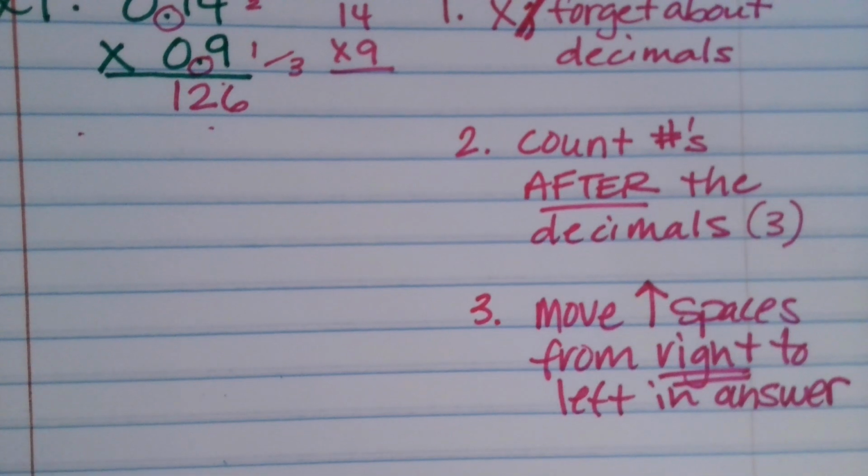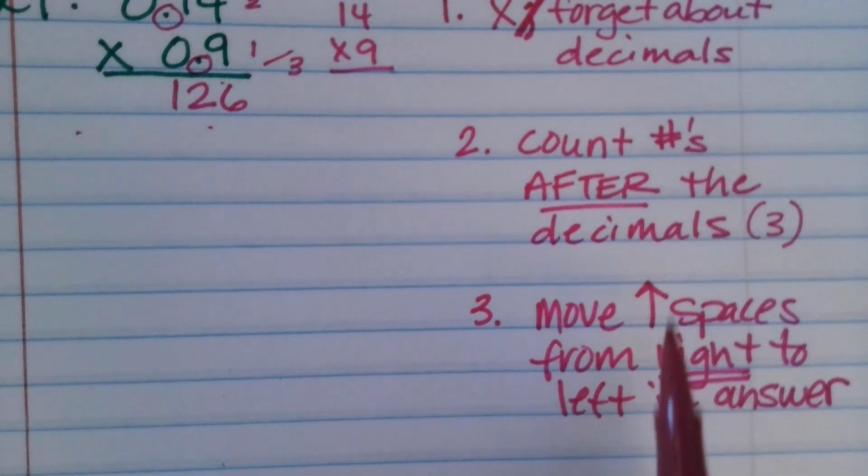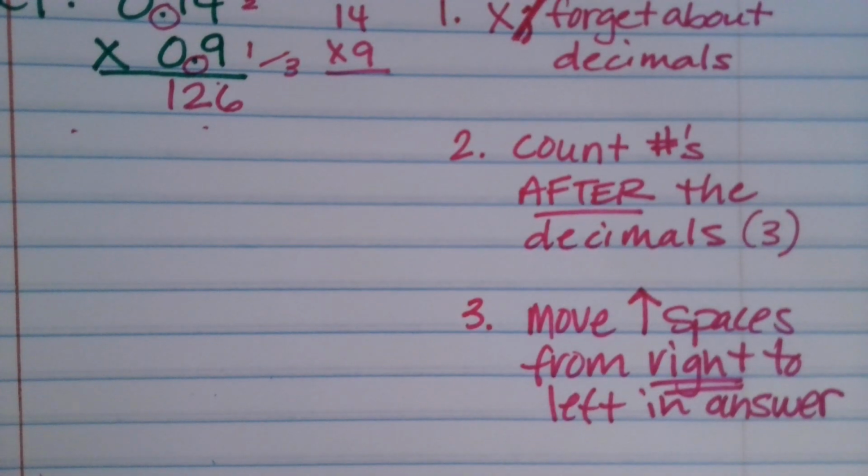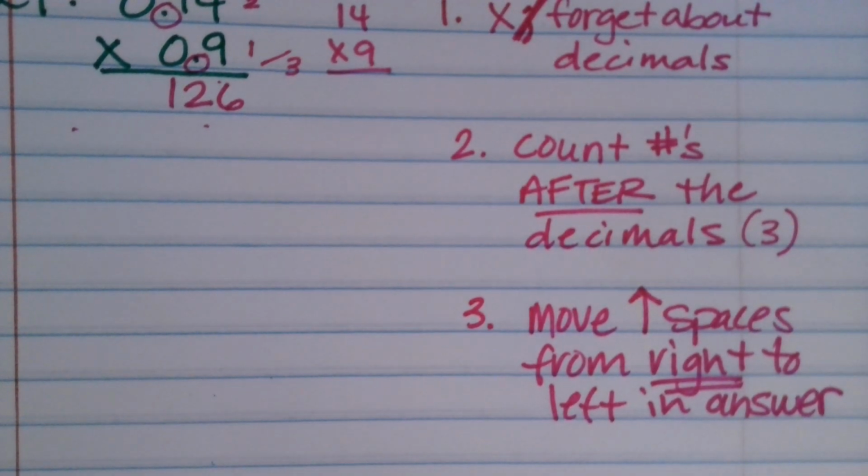Oops, let me move that up a little. So you're going to move as many spaces. Now it'll be different every problem, right? You're going to have to count every problem. How many numbers come after the decimals? And we hold on to that information because that's how many spaces we're going to move when we get our answer. And that might still be confusing, but we'll look at it in 1 second.